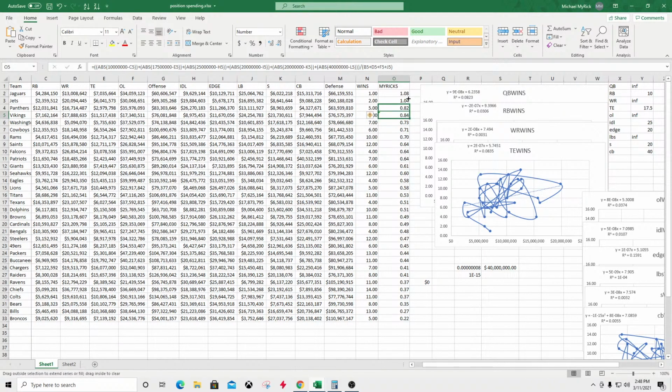Alright, so that's the first fix. What I did is I made it the absolute value of the problem so that I can get a number as close to 0 as possible. That would be telling them, okay, spend 10 million on running backs, spend 17.5 here. So that now makes sense. And so quarterback infinity, wide receiver, O-line, linebackers infinity.